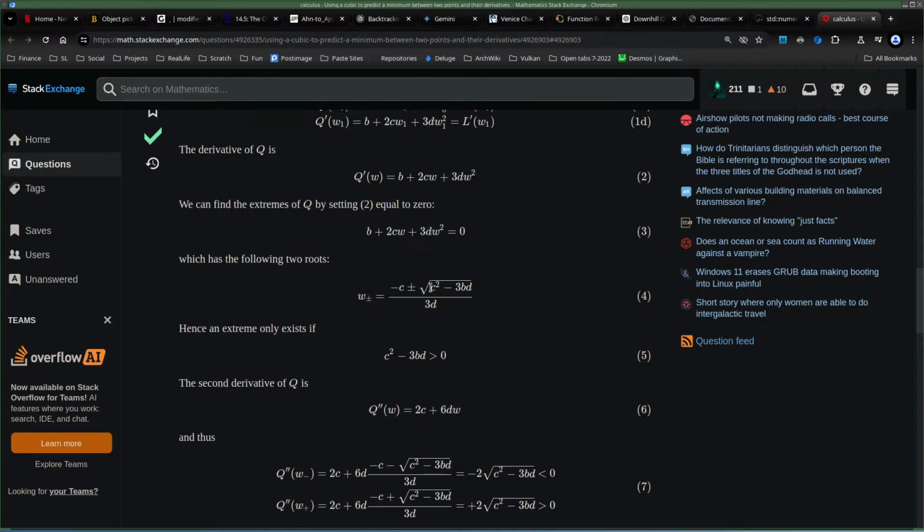So this would be D under the root, which is C squared minus 3BD.